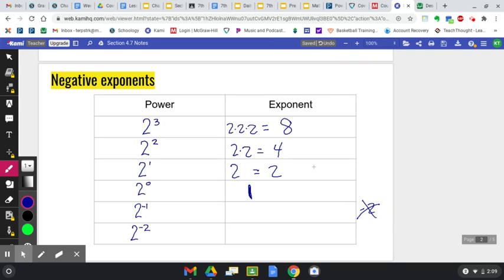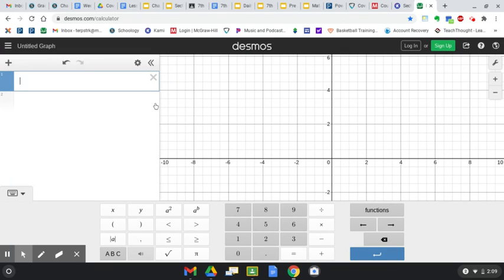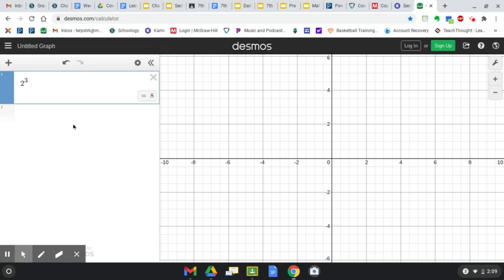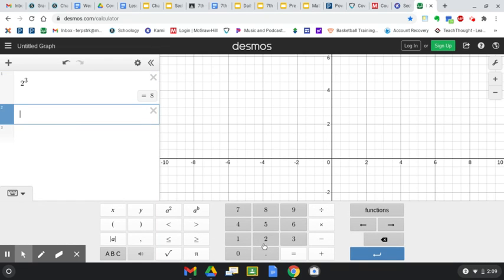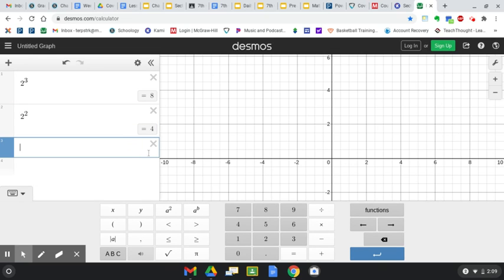So I'm going to bring you over to the Desmos graphing calculator so we can see a lot of these at the same time. So for example, we started out with 2 raised to the third, and we get 8. We had 2 raised to the second, and that was 4. 2 raised to the first.